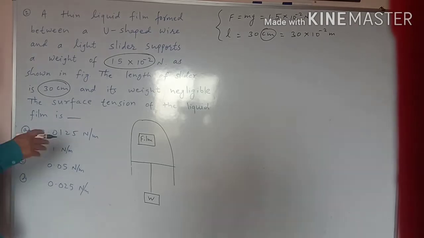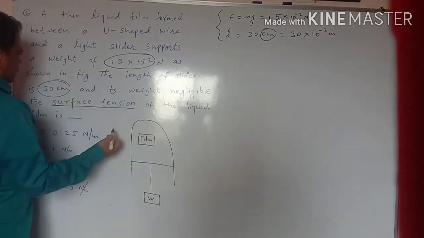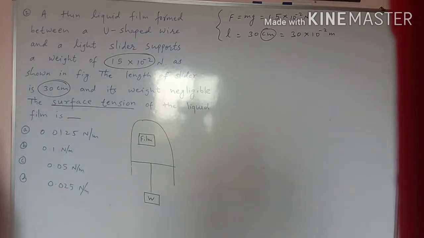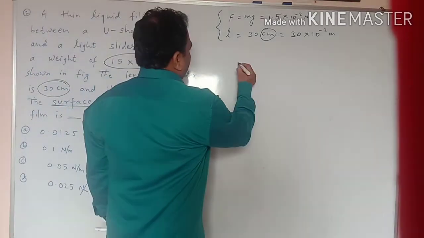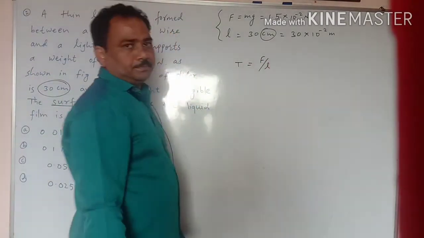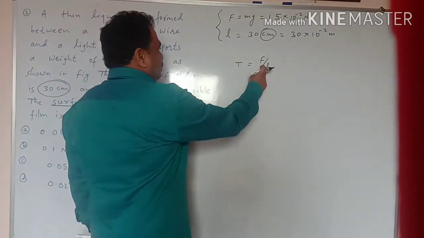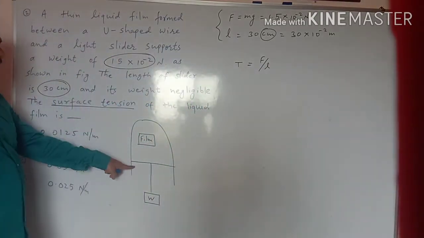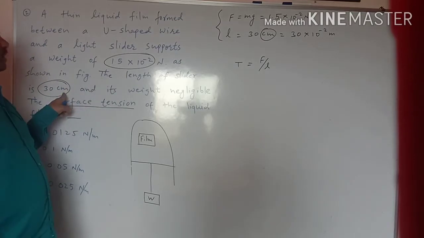Now we have to find out the surface tension of the liquid film. Whatever may be the surface tension, it can be calculated using the basic formula, that is surface tension is equal to force per unit length. The length of slider is 30 centimeter.